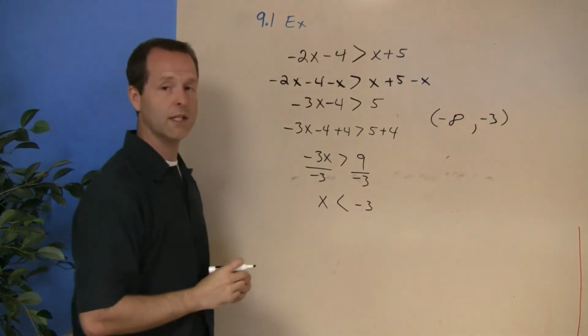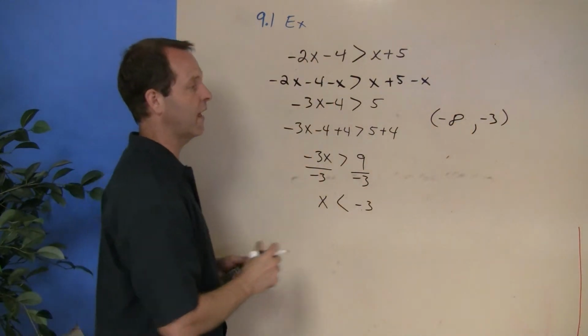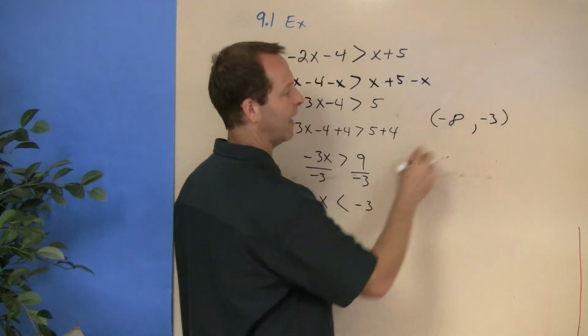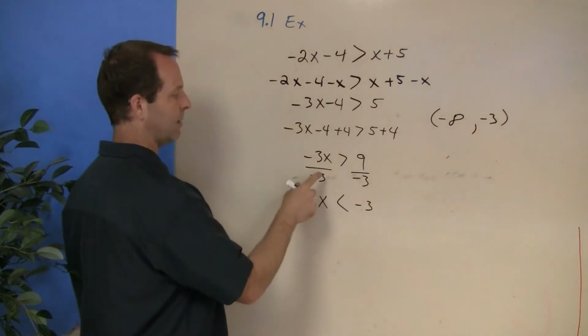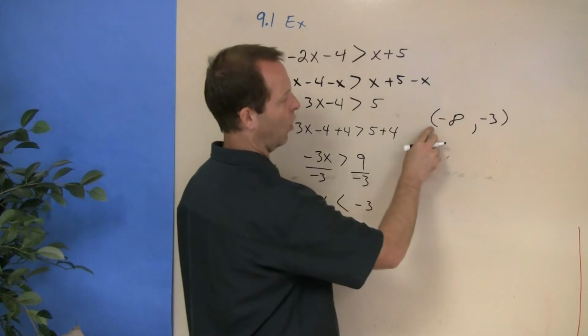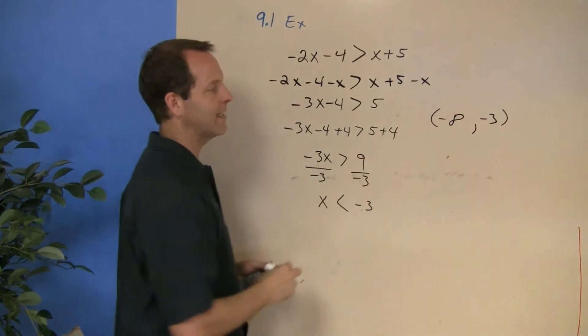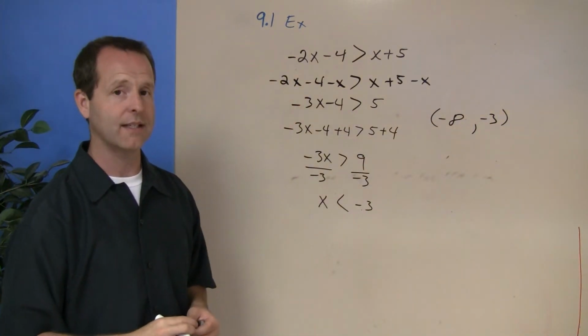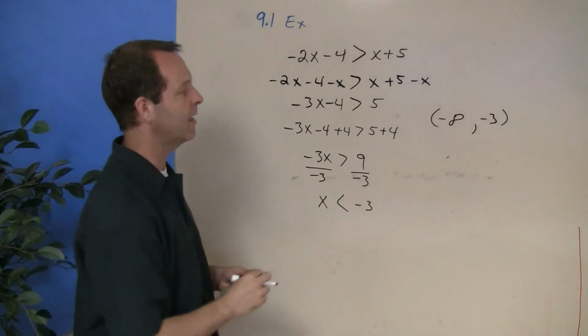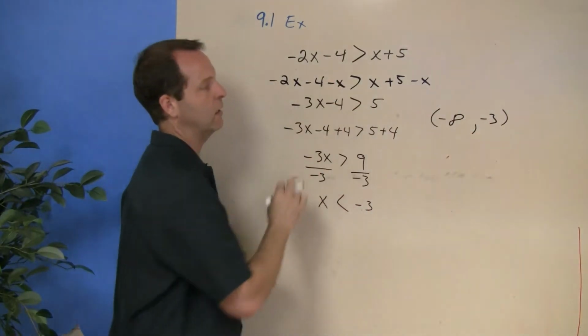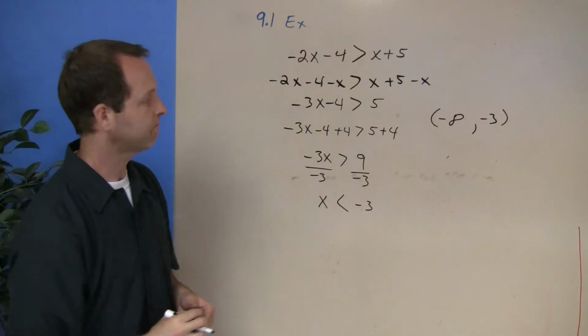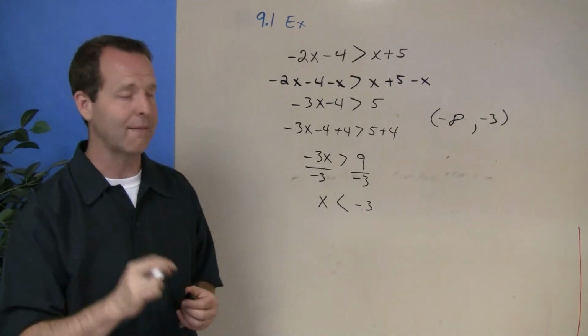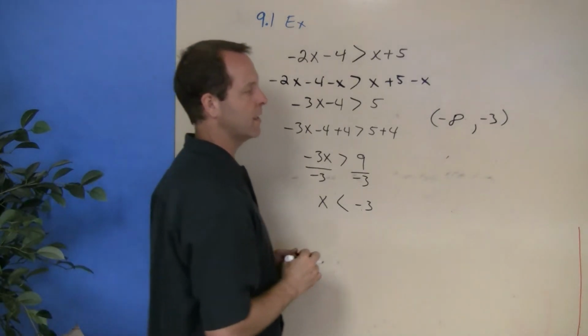So all solutions to this linear inequality are in the interval between negative infinity and negative 3. And notice that both of these have an open bracket, which means that negative infinity is not an answer, but it approaches negative infinity, and negative 3 is not a solution to this inequality, but it's the number right before it approaches negative 3.